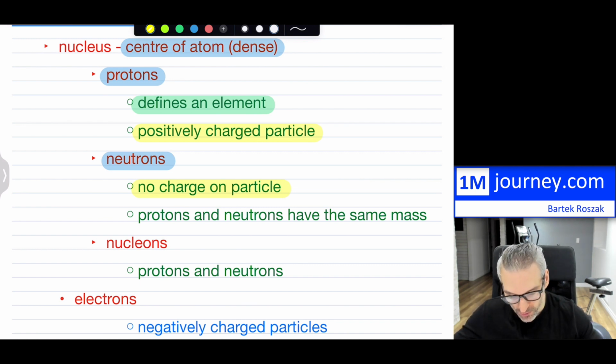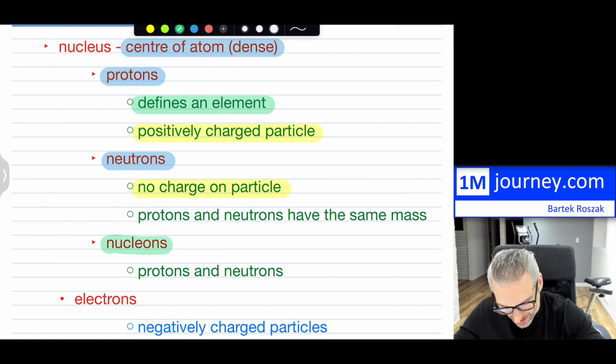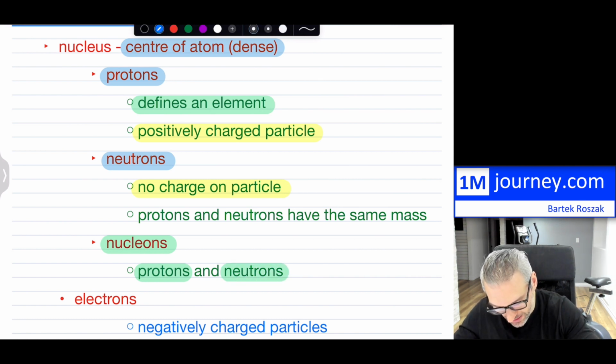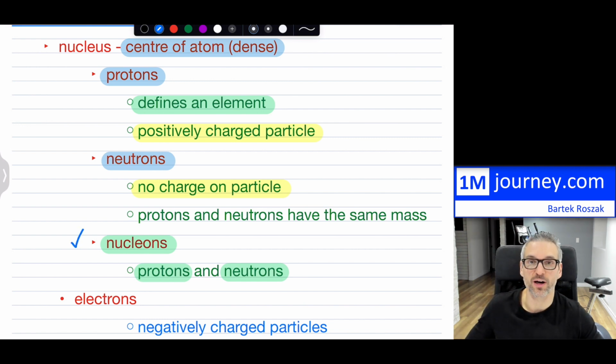Now, when we talk about protons and neutrons, very often what we will say is that when we're talking about the nucleus and the particles inside, those particles are indeed protons and neutrons. And we will discuss these in combination as just saying nucleons.